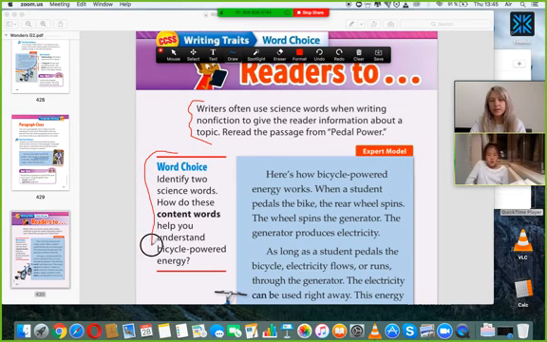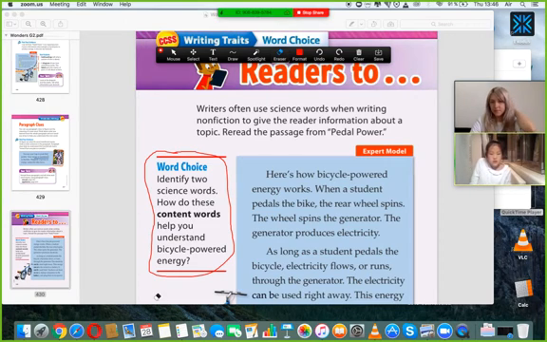And let's read the task. How do these connect words? How to have electrical power energy? Content words. So try to explain to me the meaning of content words.